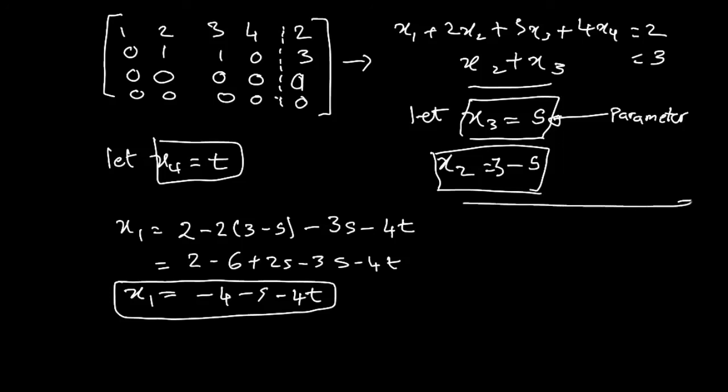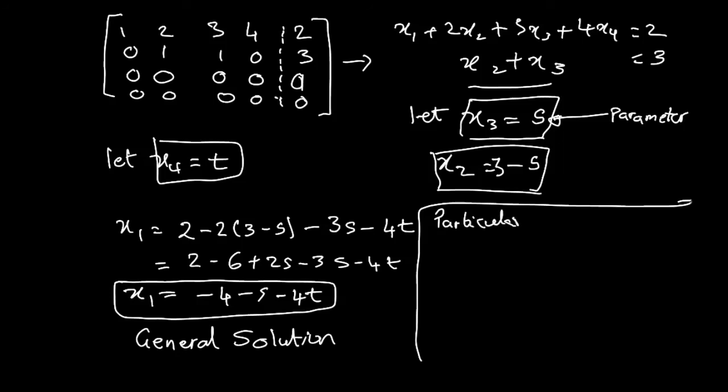Now, these are called a general solution. This is known as a general solution, a term I mentioned earlier. This is called a general solution to the system of equations. And now we're looking at a particular solution. So a particular solution for this problem would be if we choose s equals 0 and t equals 1.